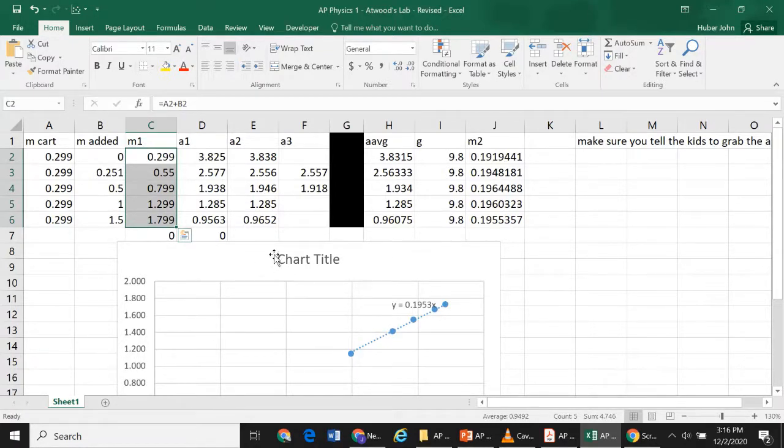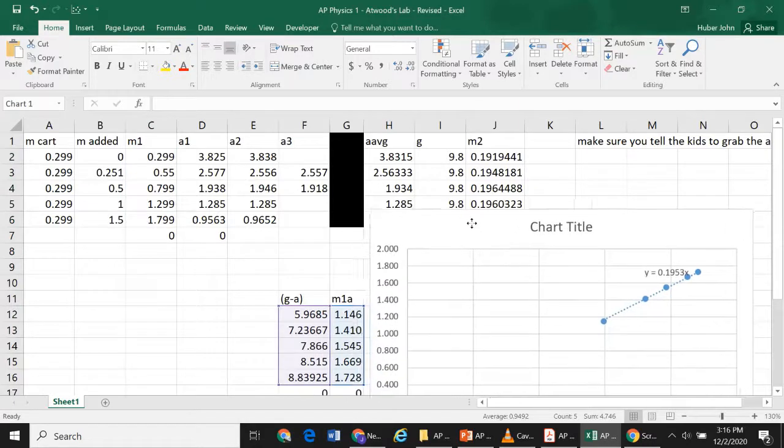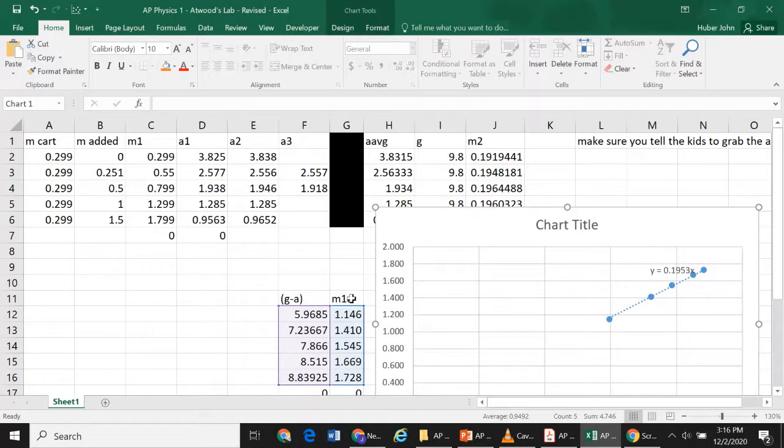And when I went ahead and plotted my data, remember I needed to plot M1A on the y-axis and G minus A on the x-axis. So notice as the acceleration gets bigger, M1A changes as we would expect, and G minus A as well.